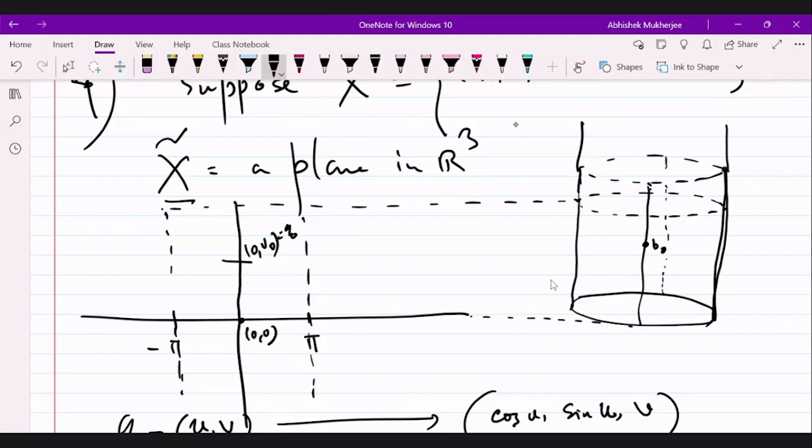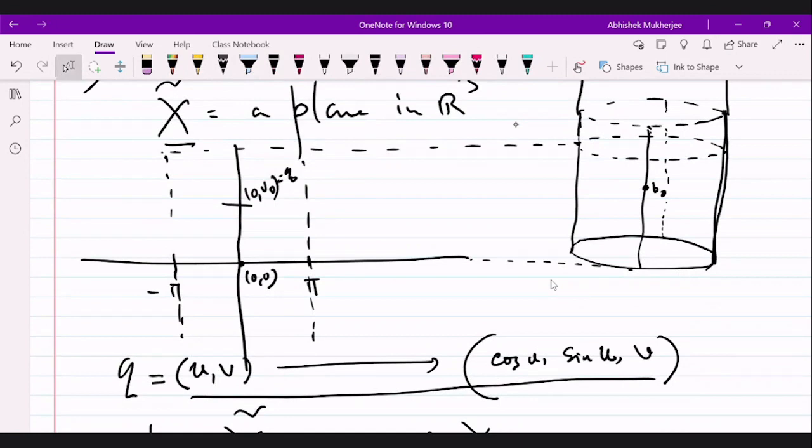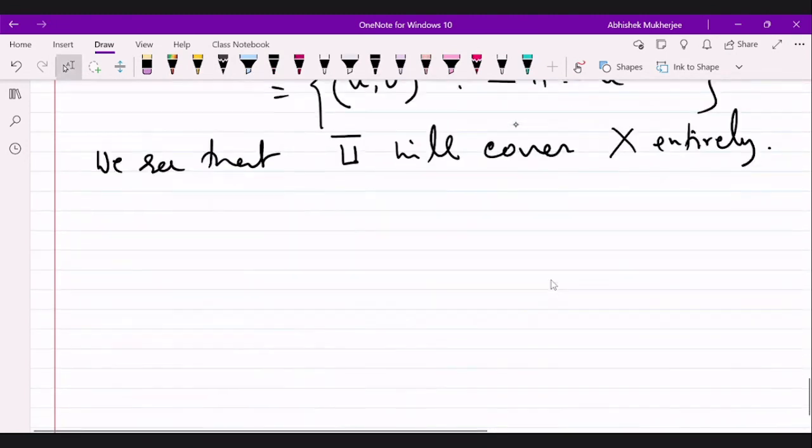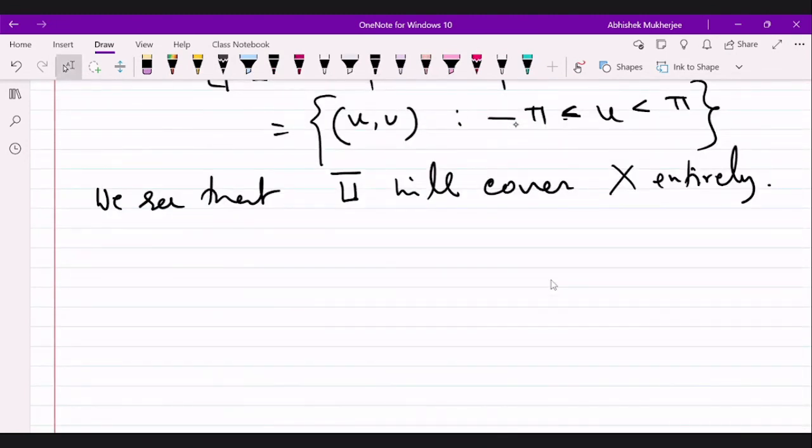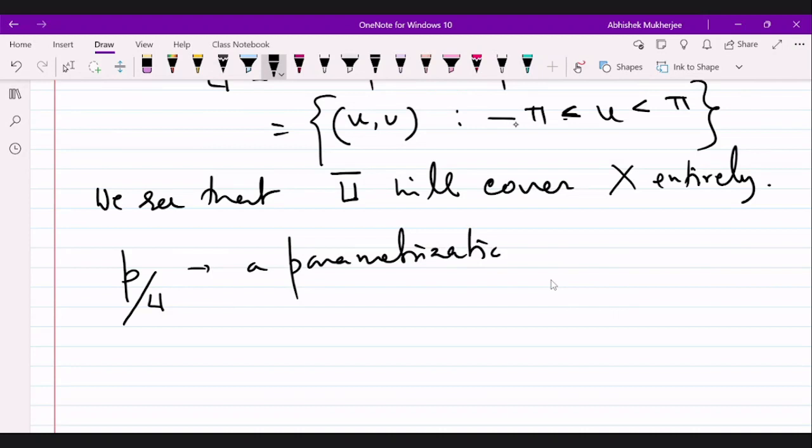You will get that this strip will entirely cover that cylinder, right? So if you want to restrict that map p to U, this is nothing but a parametrization of the cylinder, right?